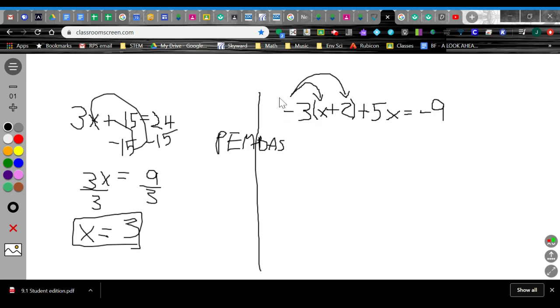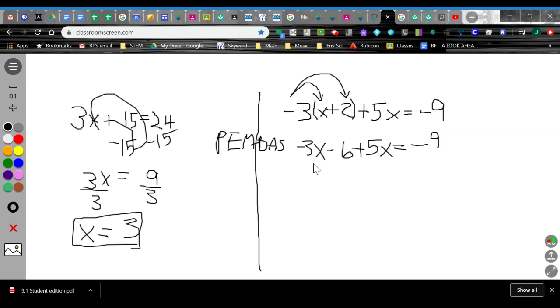And this is a negative 3. So negative 3 times x is negative 3x. Negative 3 times 2 is negative 6. I didn't do anything to my 5x, so I just rewrite it. And that still equals negative 9.